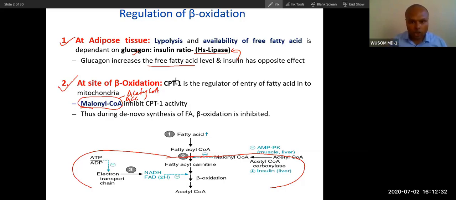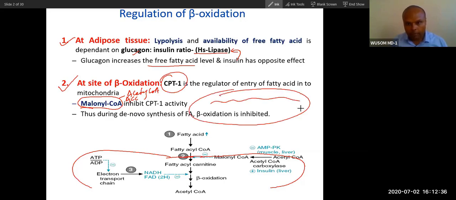And in this transport of fatty acid, there is the mitochondrial outer membrane and inner membrane. CPT-1 is present in the outer membrane. So when malonyl coenzyme A is present, it inhibits the CPT-1 that is present in the outer mitochondrial membrane.